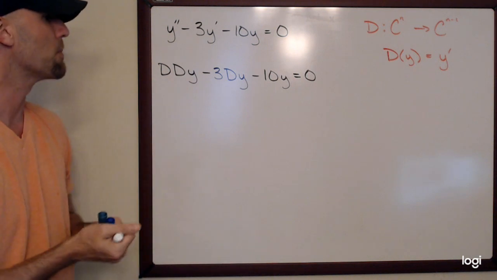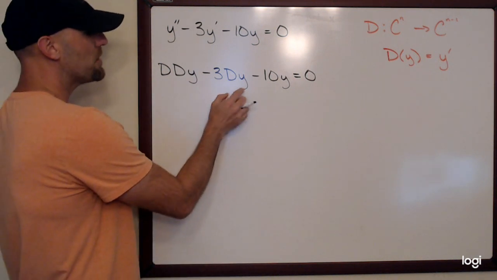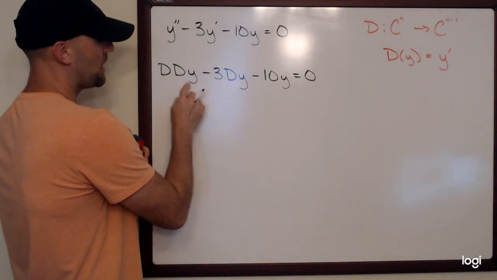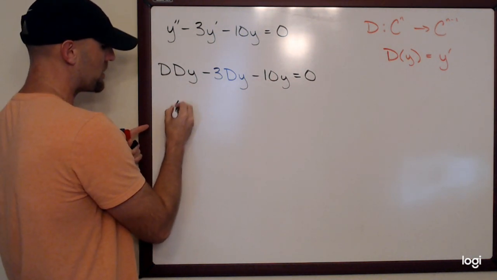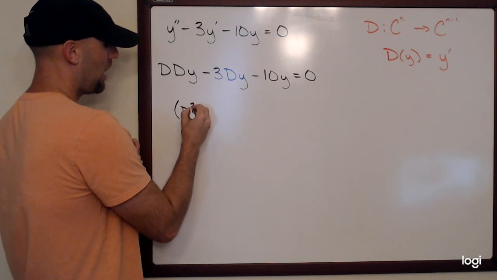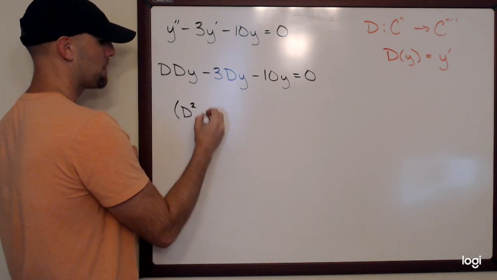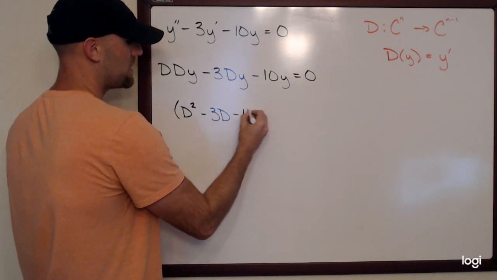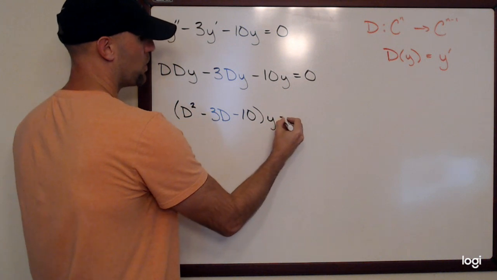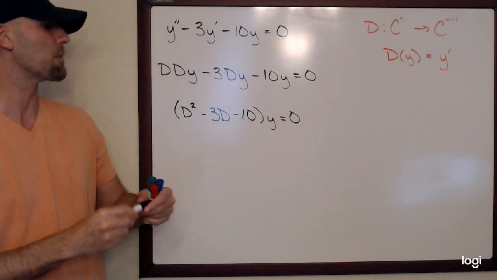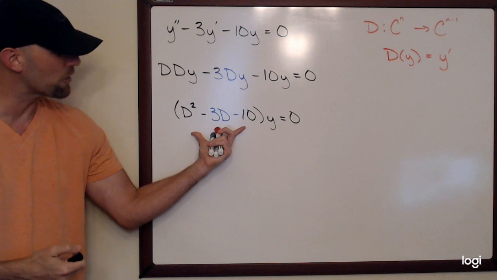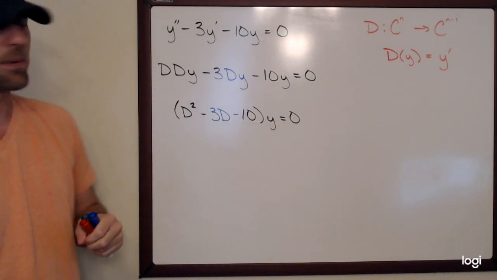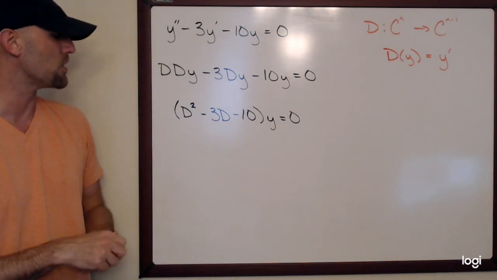So I'm going to rewrite this, and I'm going to take out my y, because if I apply all of these things to y, then I can write the entire expression as D squared minus 3D minus 10 applied to y. Again, it looks like multiplication, but it's not. This is a linear transformation being applied to y. I could put more parentheses around y, but as long as we understand the notation, it's fine.